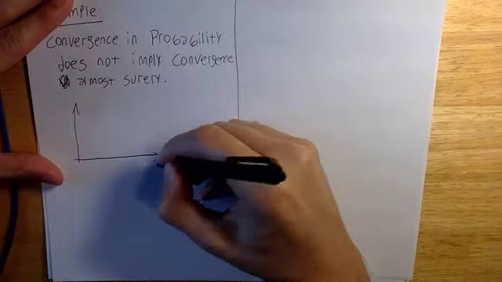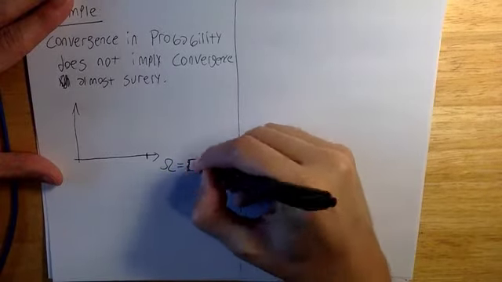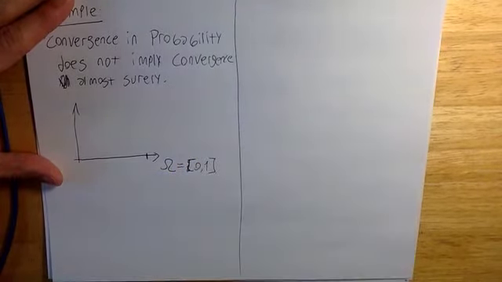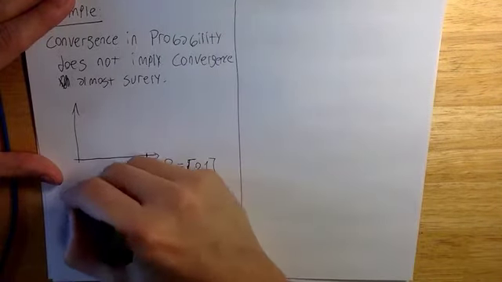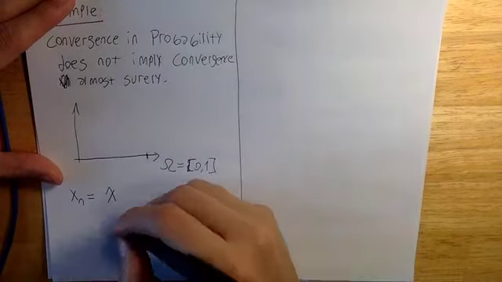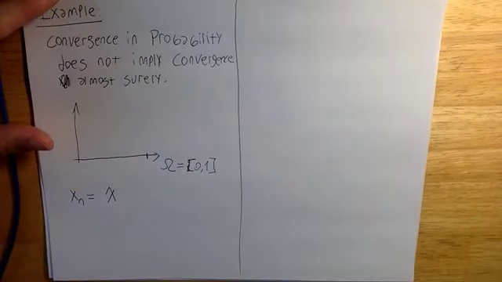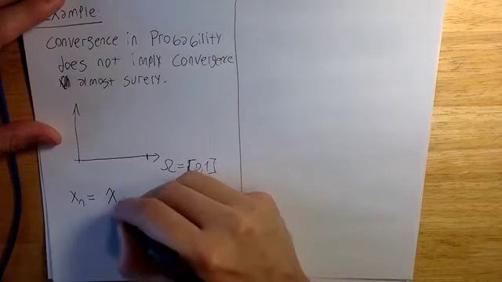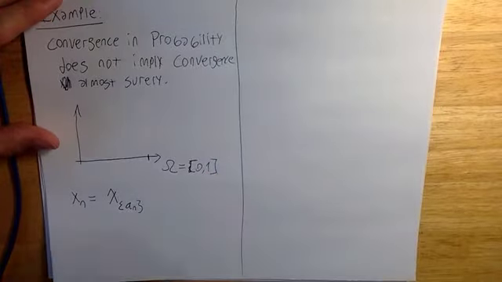We are going to consider the sample space to be [0, 1]. And we are going to take xn, which is the indicator of a set An.